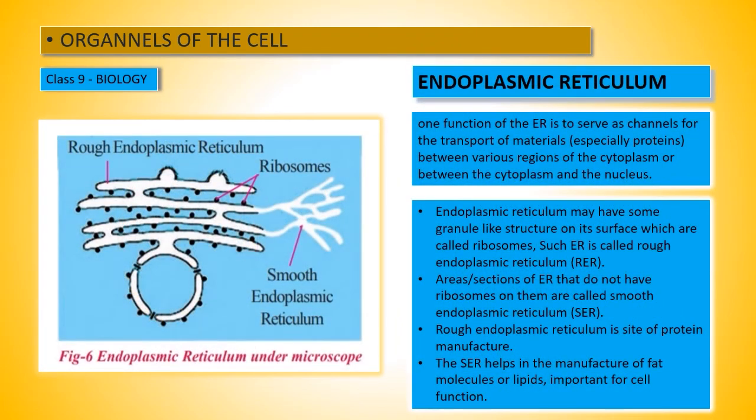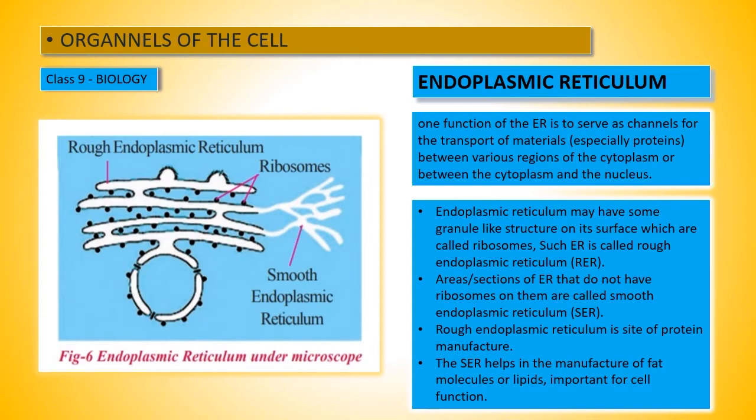Endoplasmic reticulum. One function of the endoplasmic reticulum is to serve as channels for the transport of materials between various regions of the cytoplasm or between the cytoplasm and the nucleus. Now, the endoplasmic reticulum has two types.